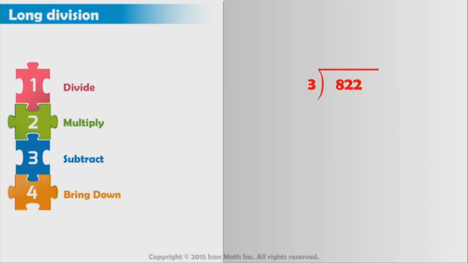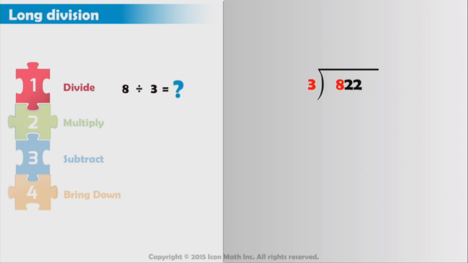Let's see this operation in action. We begin with the digit in the largest place value in our dividend, which is 8. And we try and divide it by our divisor, 3. Can we evenly divide 8 by 3?